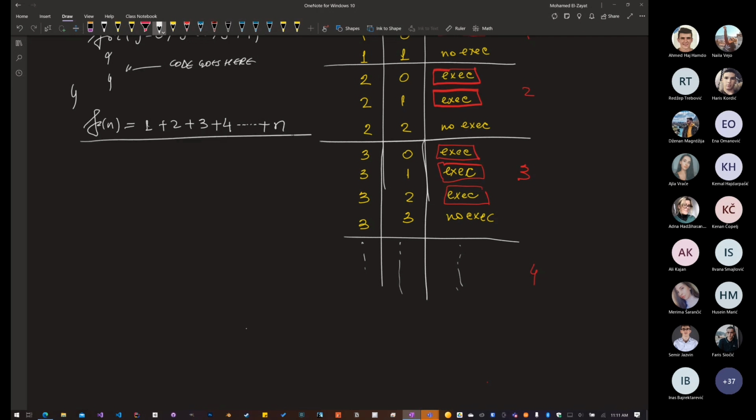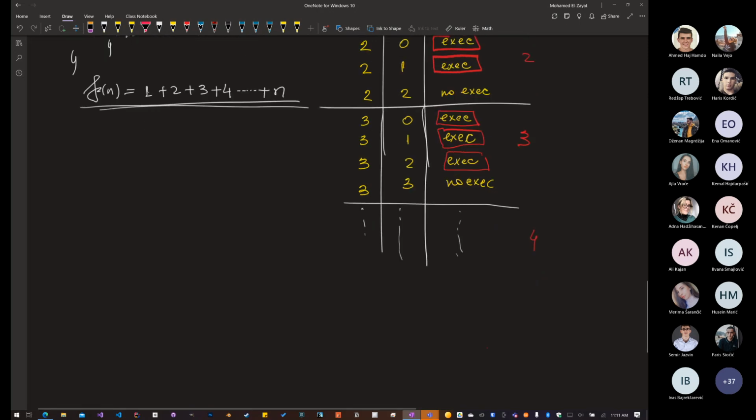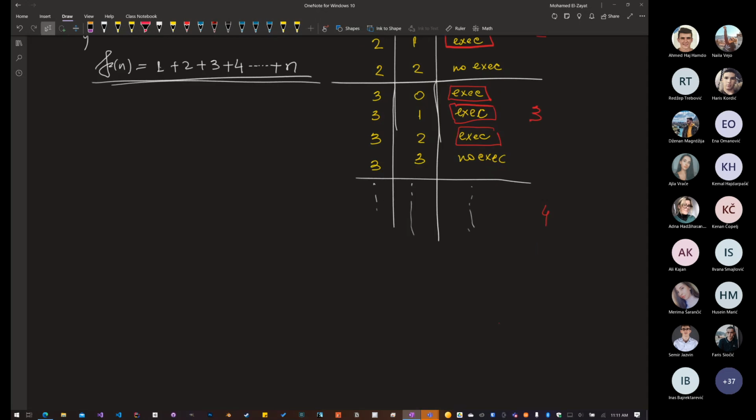Now, the sum of the natural numbers is going to equal n times n plus 1 divided by 2.